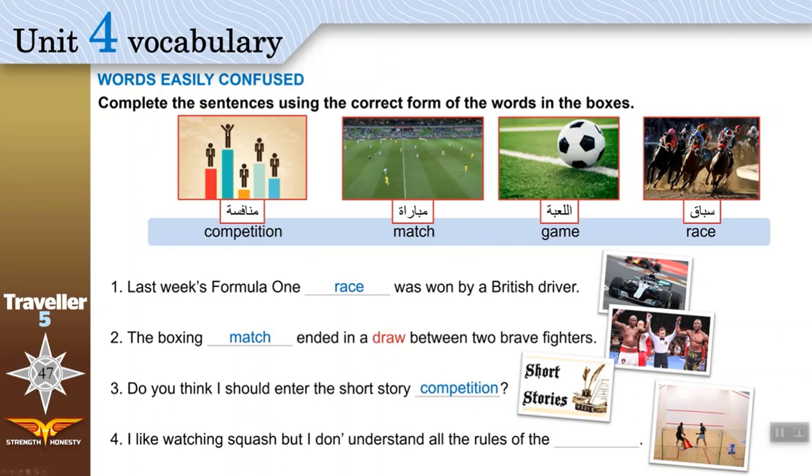It is played inside a room and has different rules, but you need a racket to hit the ball. You can replace the word game with sport: I don't understand all the rules of the sport.